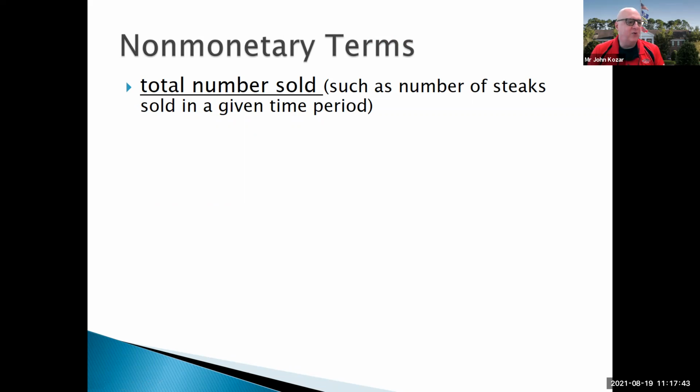So we might count how many steaks we sold last night or last week or last month, or how many Whoppers Burger King sells in a week, in a day, or in a lunch period. You can use things like that to plan for how much prep to do in your restaurant.